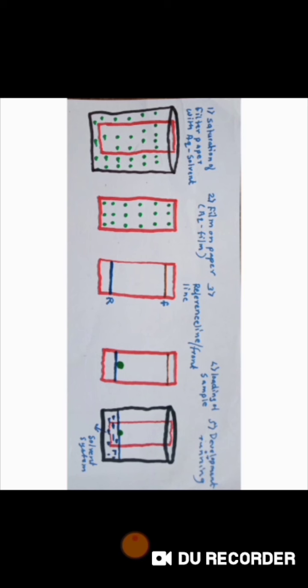After that we draw two lines, one at the bottom, which will be our reference line, and a line at the top opposite of it, which will be our front line. Next we load the sample with the help of a capillary. We have spotted the sample just above the reference line. After this we put this paper into a developing chamber, which contains the solvent system.